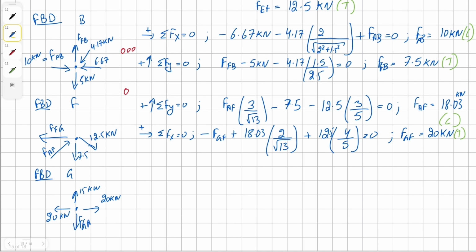Looking at this joint, we can easily determine that since there isn't any diagonal force, it is simply going to be 15 kilonewtons and in tension. This solves our solution.